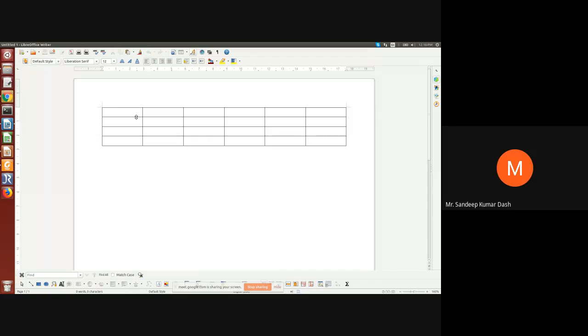Say I have a table like this. Serial number, name, salary, location. Serial number 1, 2, 3. Name is X, Y, Z. Salary say 15,000.